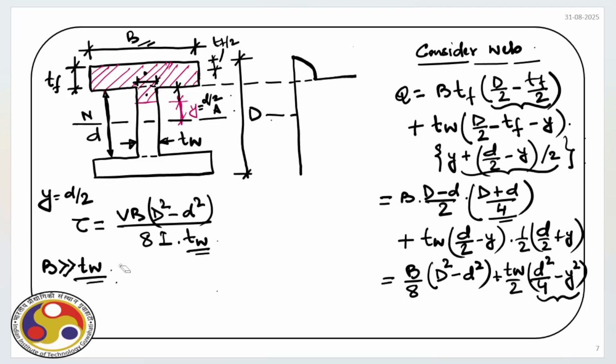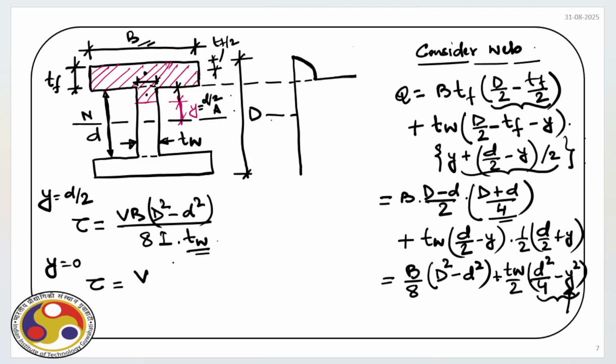Right. Now, another case when y equal to 0. If y equal to 0, then the expression of tau is again V times Q. So for Q, here y is equal to 0.